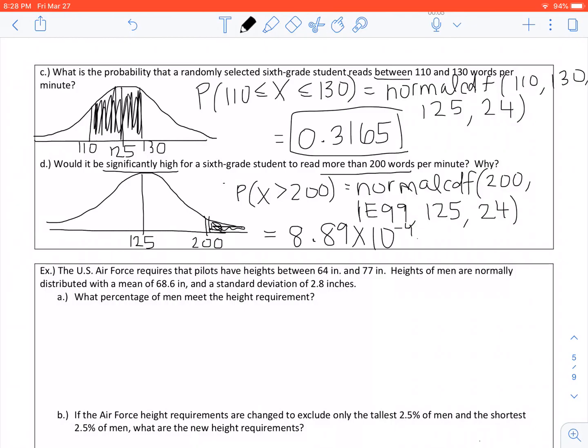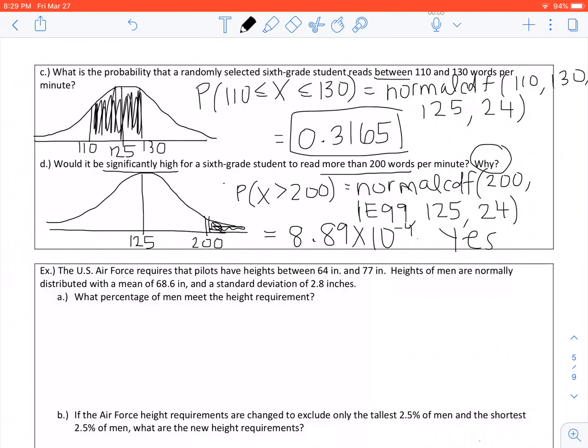And it asks for, is this significantly high? This is a yes. It does say why, so let's talk about that. The probability of them reading more than 200 words per minute is really small. The chance of a sixth grade student reading more than 200 words per minute is, if you move that decimal place over, practically almost 0.